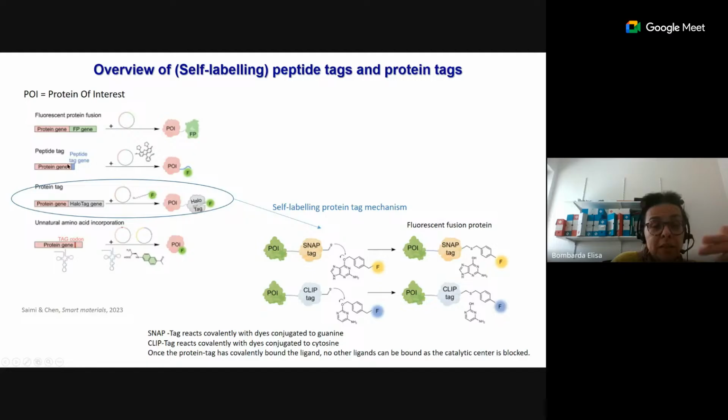Again we need a modification of the plasmid, and maybe the peptide already has the fluorophore integrated. That is the difference between the two.